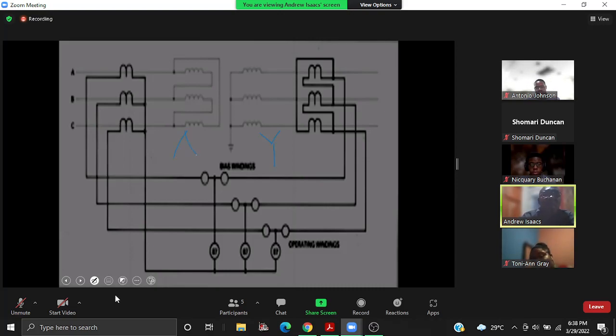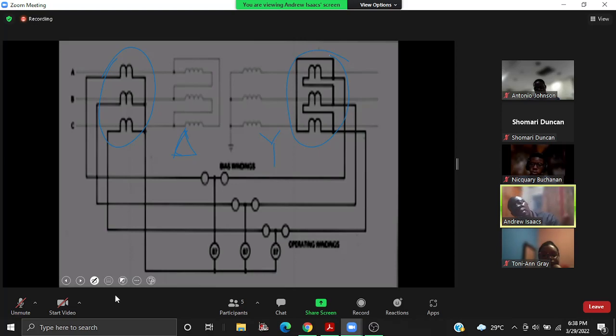You have delta on the left. All right? So where you have the delta winding, you connect the CTs in star. Where you have the star, you connect the CTs in delta. So that's what you need to remember. To deal with the phase shift, we reverse the connections of the transformer.